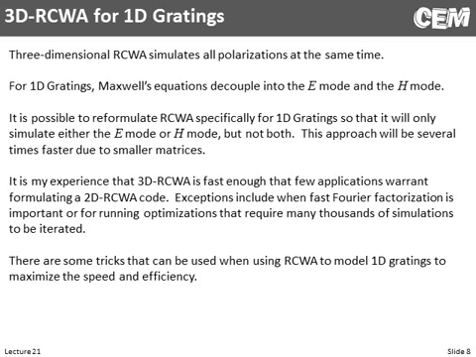So from previous lectures, it's no surprise to us that if we have a one-dimensional grating, that is a two-dimensional device, Maxwell's equations break up into two distinct modes. Now, if we are running a fully three-dimensional rigorous coupled wave analysis, we certainly have these electromagnetic modes.